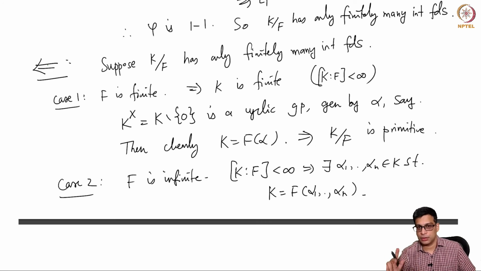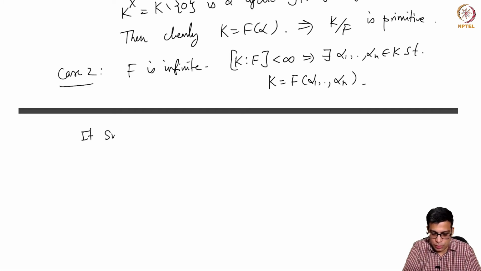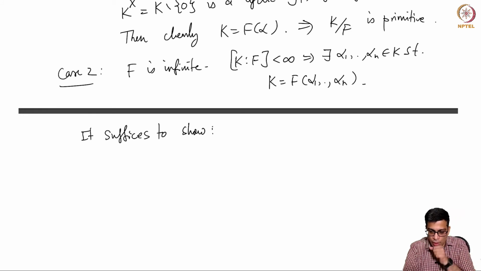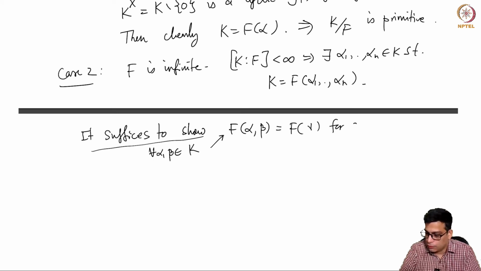Primitiveness means a single element will generate. So it suffices to show F(alpha, beta) is equal to F(gamma) for all alpha, beta in K, for some gamma in K, right?